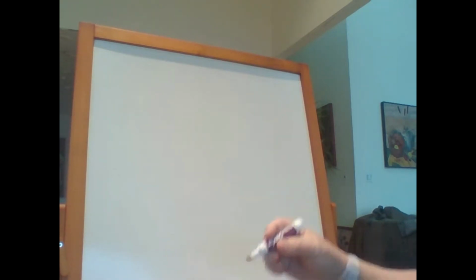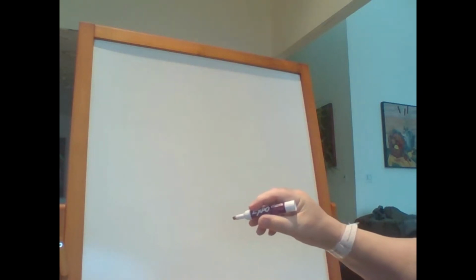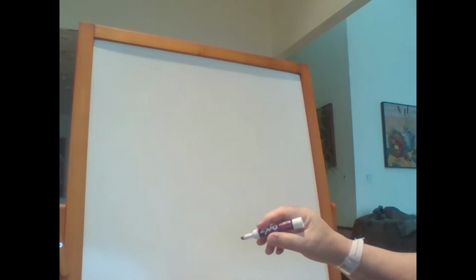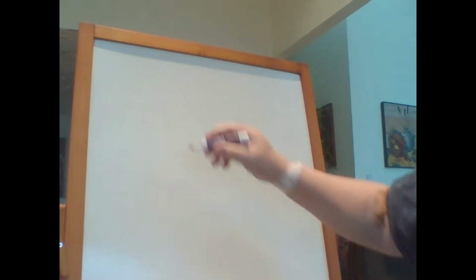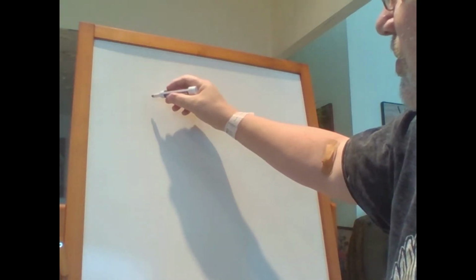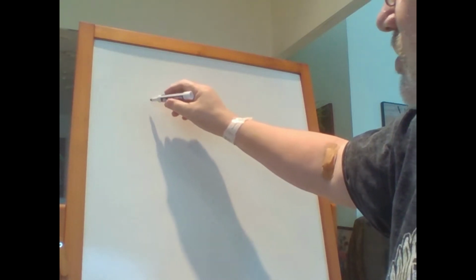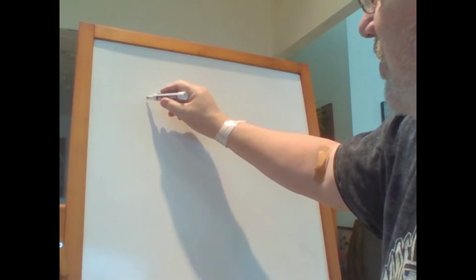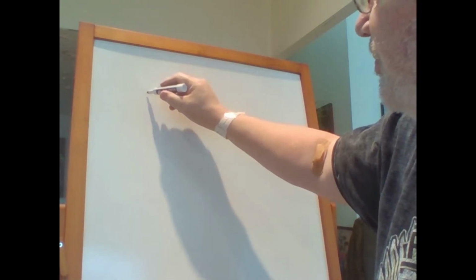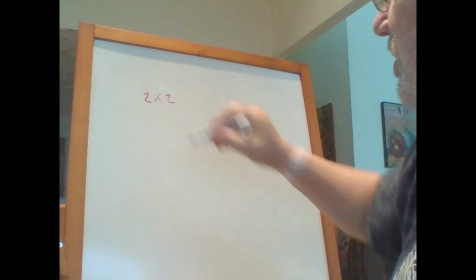But now we're going to look at what happens if we have powers, and we're going to be looking at exponents. So what if we have 2 by 2?